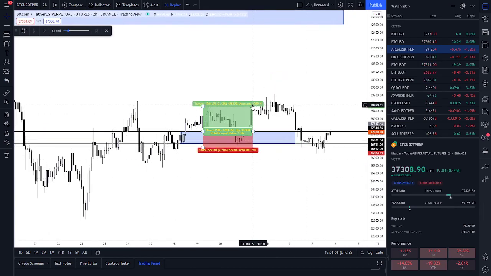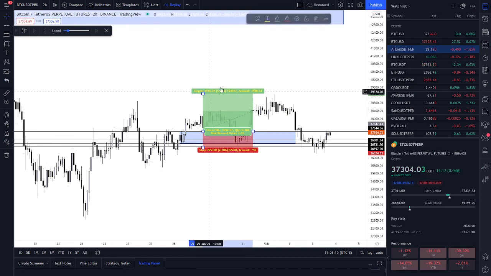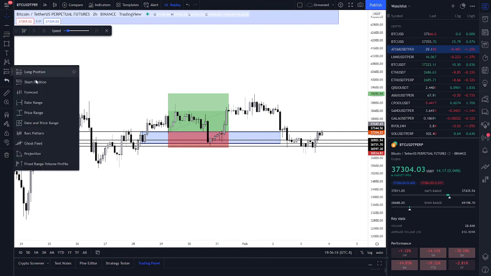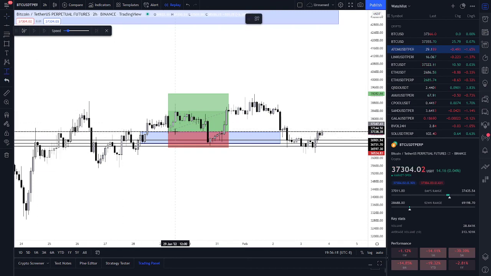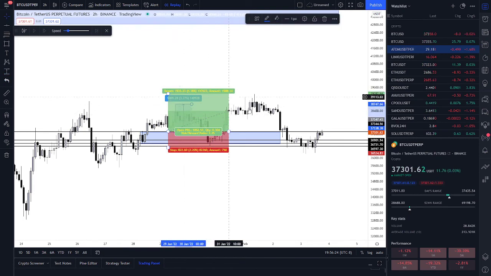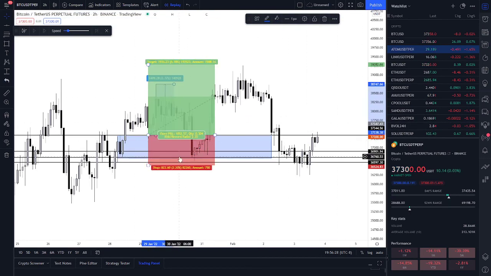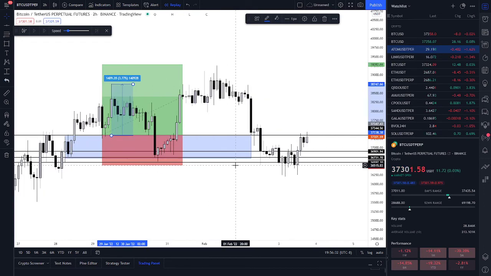So now what happened? You had upwards movement, first tap, you got a 3.7% scalp. Not bad. The zone is still valid. 50% has not been fulfilled. Came back down, right?